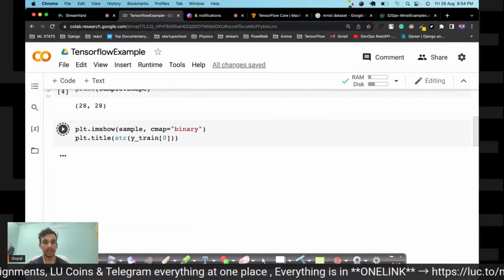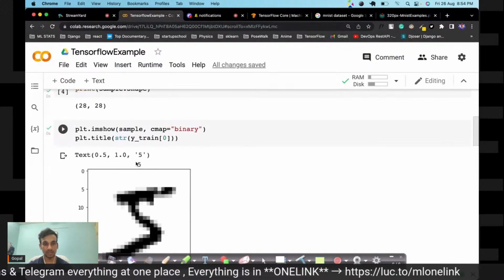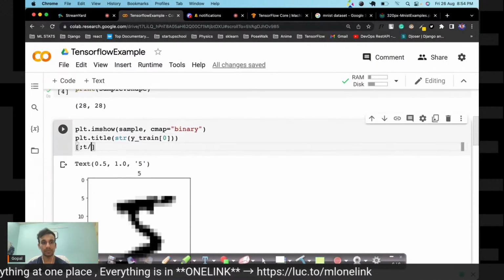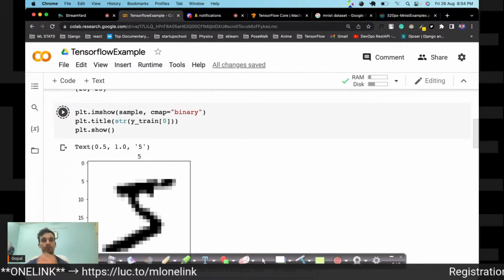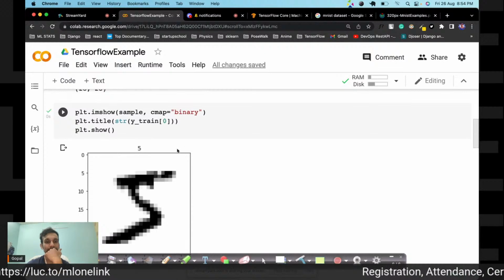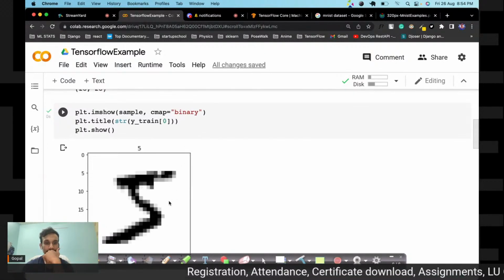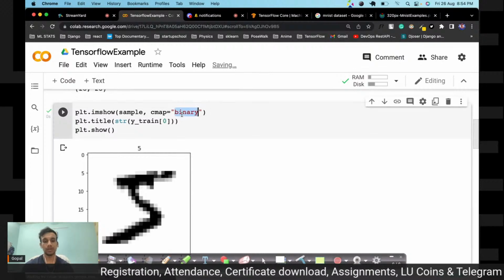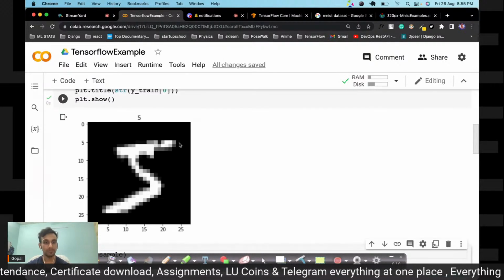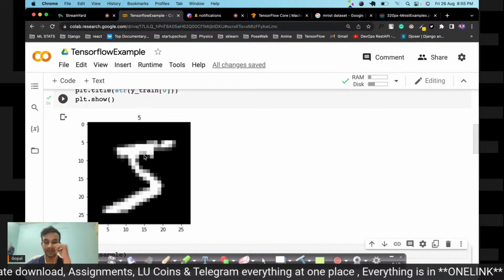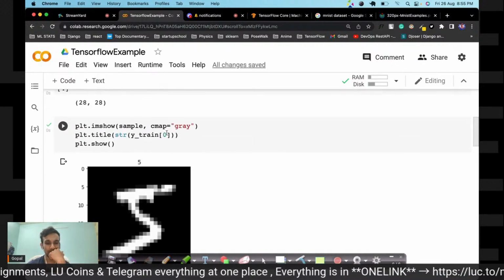Let us say we've got 5 here, and I can also call plt.show. So binary basically means I am converting this entire image into black and white. Okay, and you can also convert this into a gray map. So this value will be black and white, the way we saw earlier.